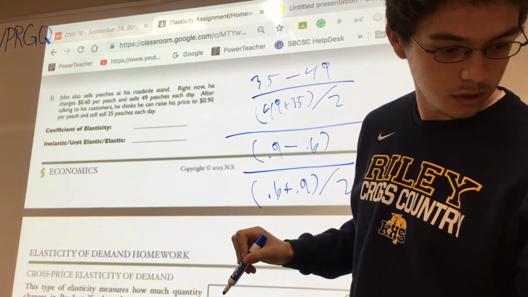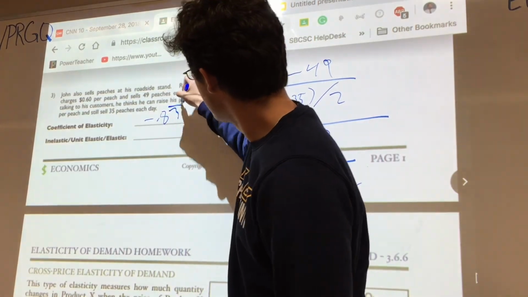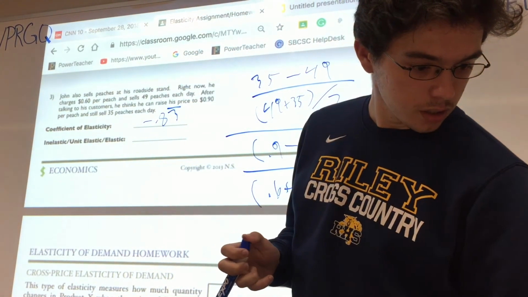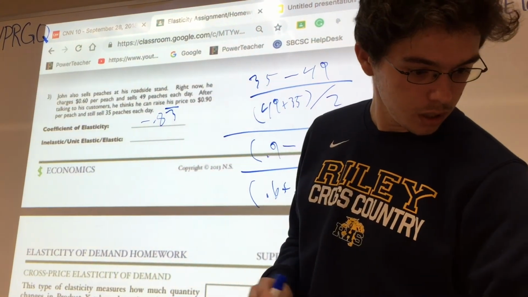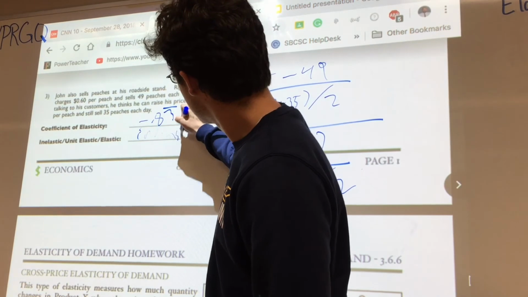That equals negative 0.83 repeating, which is less than 1, so it is inelastic.